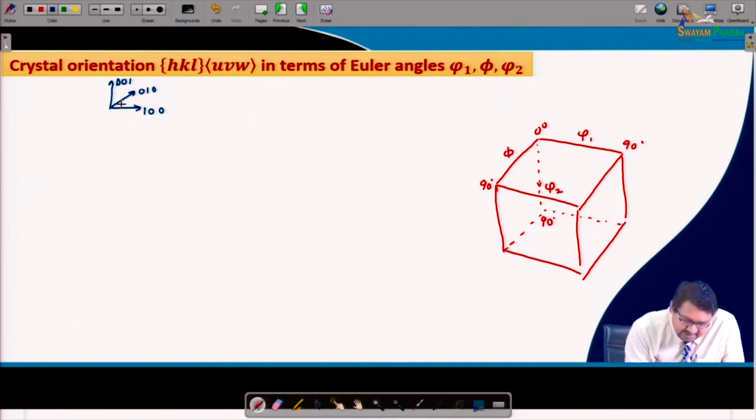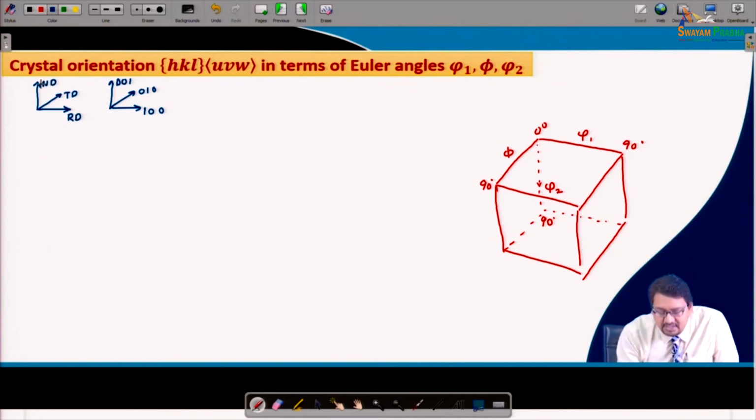And in order to represent texture, we make the important sample reference system, which in most cases we take as RD, TD and ND, because most of us are familiar with rolling. We try to make the important sample reference directions, RD, TD and ND, coincide with parallel to the specimen reference directions, which is basically the 1 0 0 x axis.